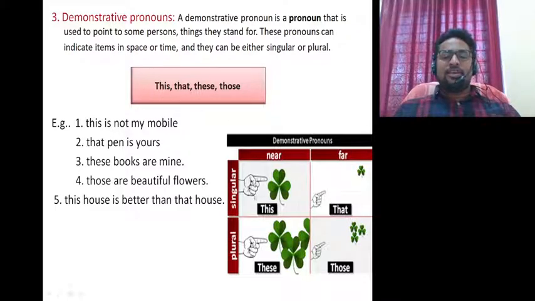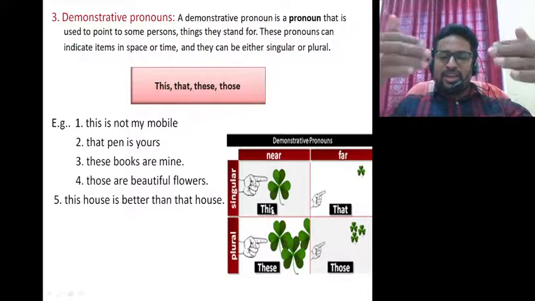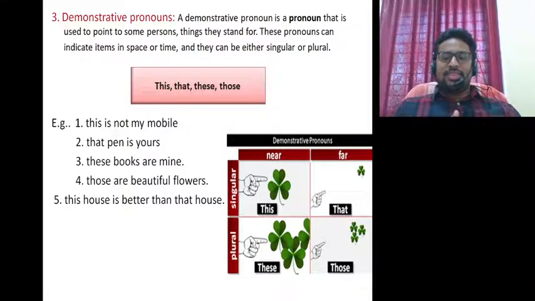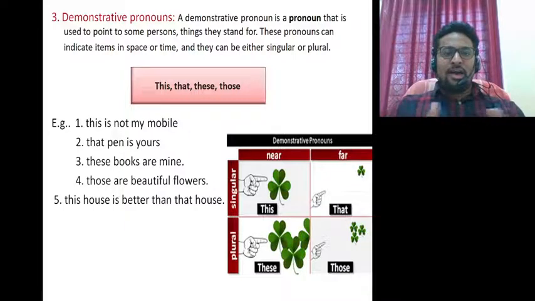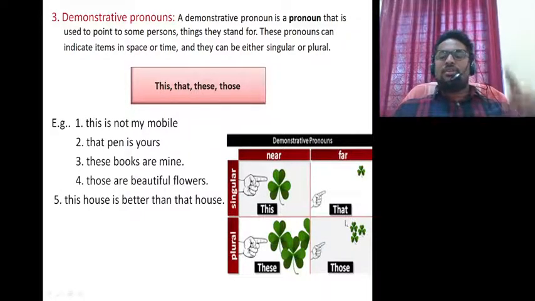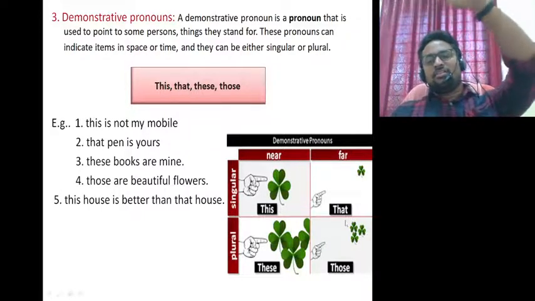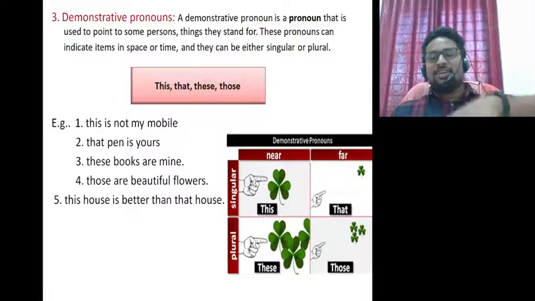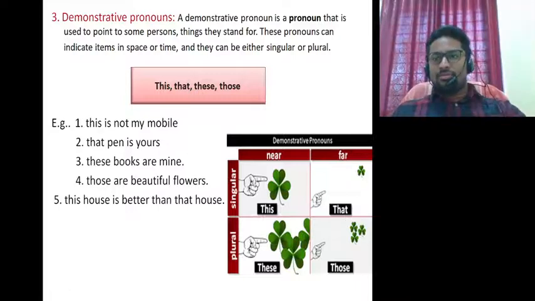This is a leaf. We use this to describe near things, near persons, near objects. For distant objects we have to use that: that was a flower, that was a leaf, that was a chair, that was a cow, that was a buffalo.